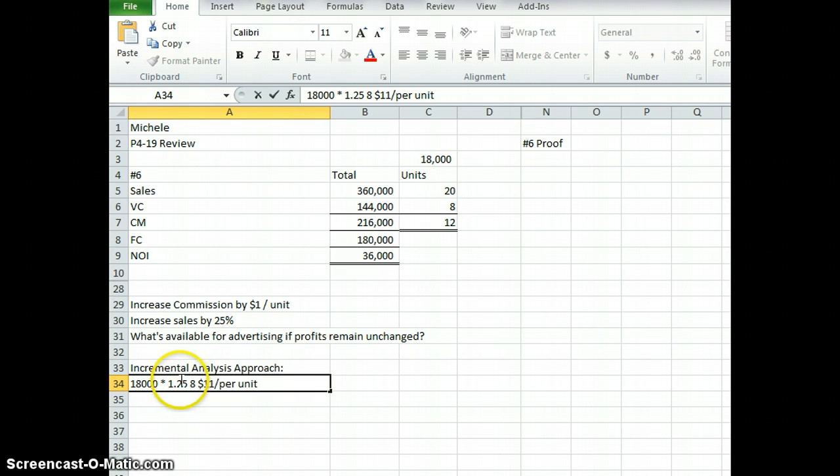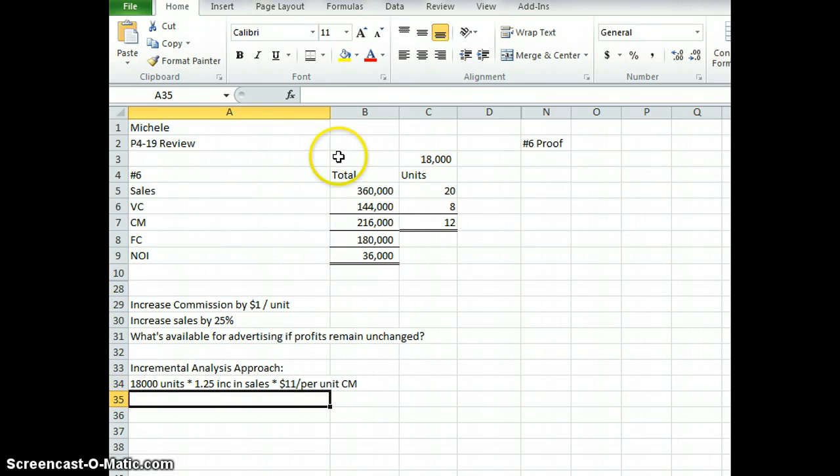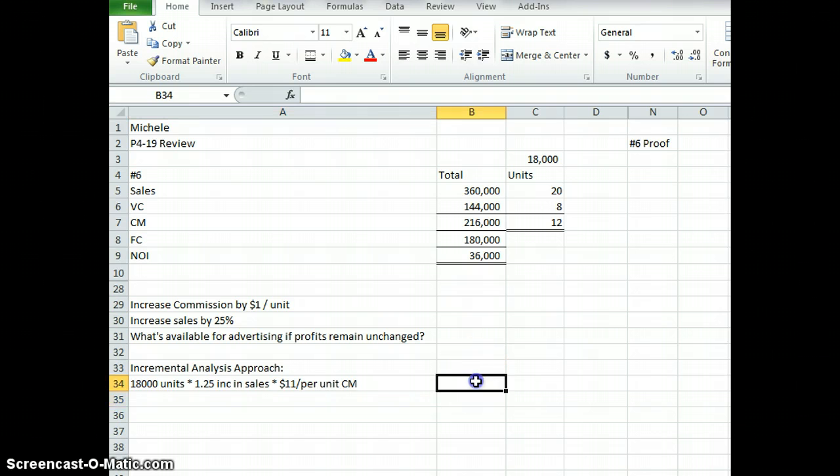Okay, so again, I should have probably labeled them. It's 18,000 units times 1.25, which is to reflect an increase in sales, times $11 per unit contribution margin. So let's go ahead and do that math.